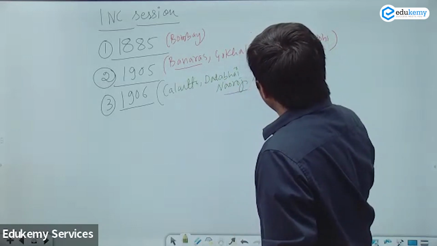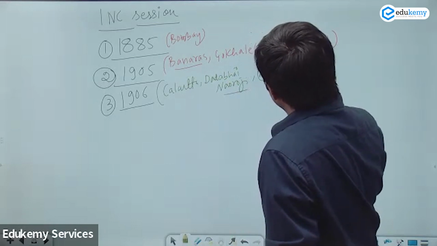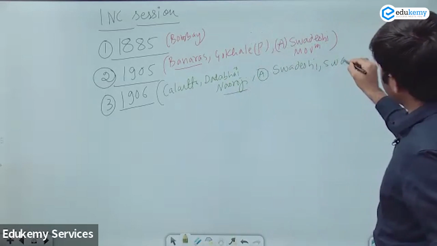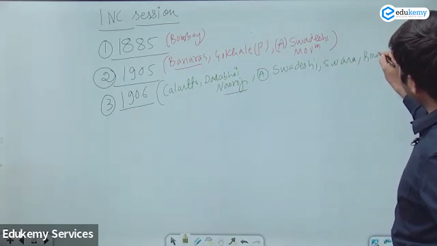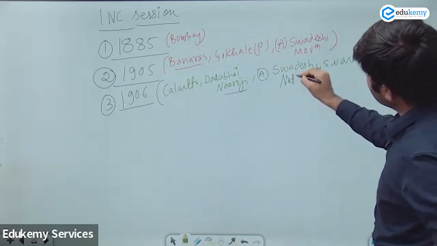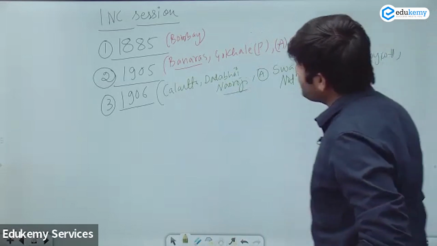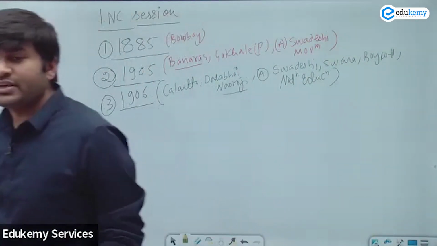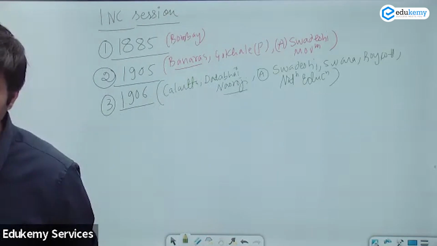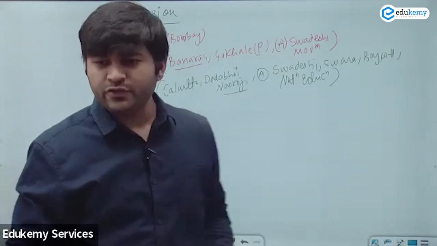Dada Bhai Nauroji. And what is the agenda? Swadeshi, Swaraj, boycott and national education. These were the 4 resolutions that were passed in 1906. The idea of Swaraj was adopted.